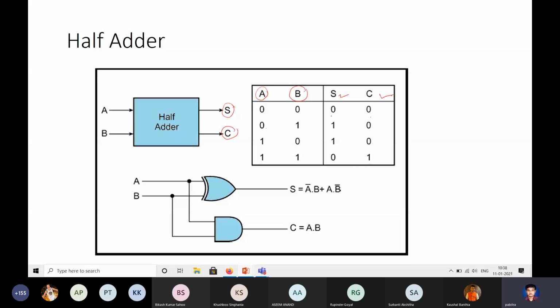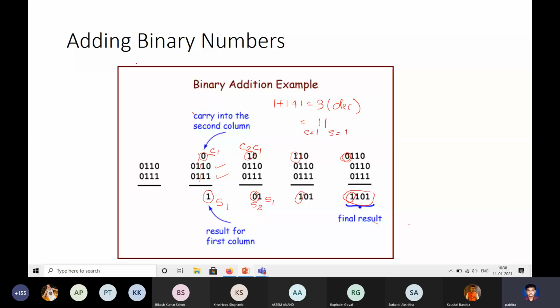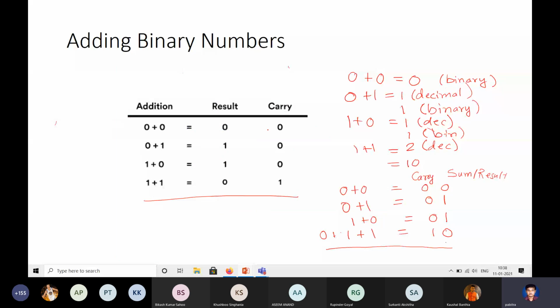Why do I call it a half adder? Because you see there are 3 things to be added here. You need to add the carry, and you need to add the 2 inputs. So there are 3 things that you need to add. I'm not doing that. I am just considering this case where there are only 2 things I need to add. If I add only these 2 things, I call it a half adder.